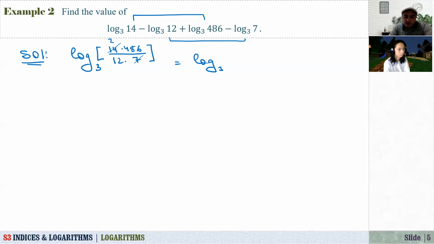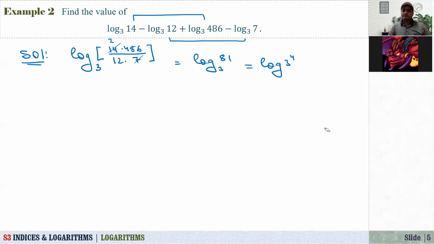What is it? 486 divided by 12 is equal to 81 over 2. With the 2, that's equal to just 81. So that thing is equal to 81. So here we have logarithm of 81 to the base 3. What is 81? 3 to the power of 4. And here we have 3. So the answer is 4.